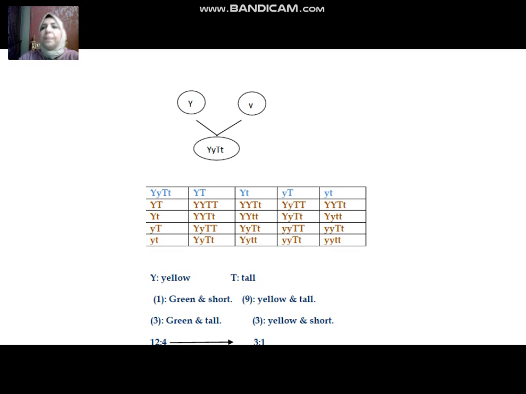Parents: the first parent carries two dominant traits, pure dominant yellow seed, Y capital, and pure dominant tall stem, T capital. The other individual carries the two recessive traits, Y small and T small, green seed and short stem.